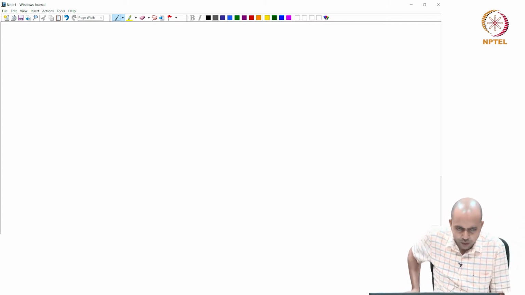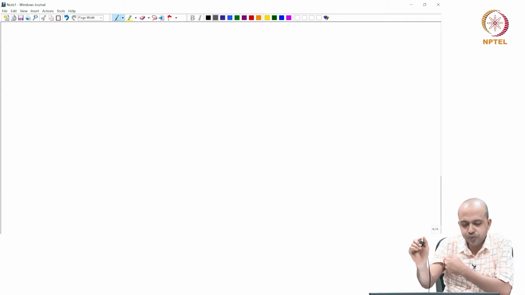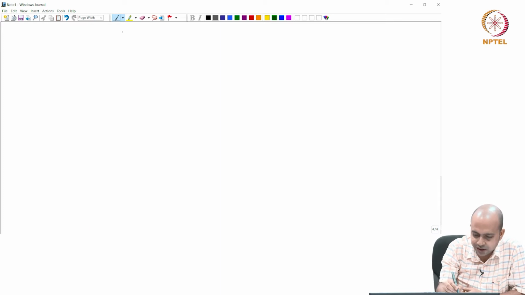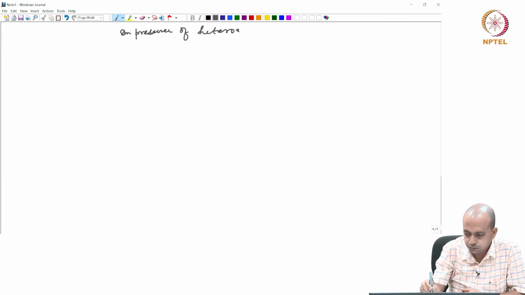Before we discuss the different tests, one thing you have to keep in mind: in the presence of heteroskedasticity, what we assume is that sigma square i is a function of x.